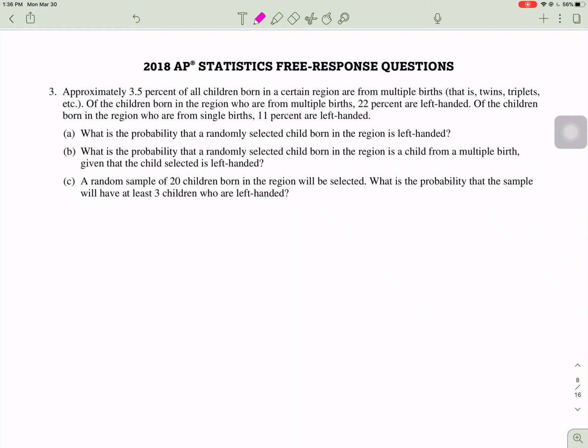So first thing I'm going to do, I'm going to write down some information here. The probability of having multiple births is 0.035, which means the probability of a single birth, or not multiple birth, is 0.965.